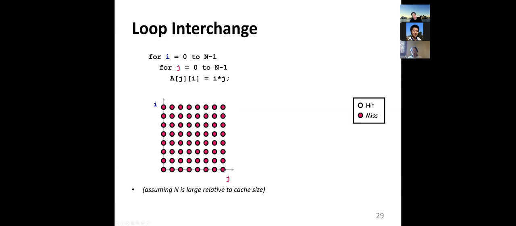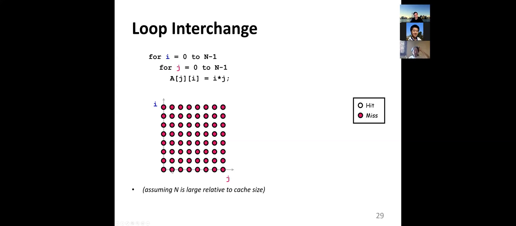The problem is not only that there are misses here. If this dimension n is large enough, by the time I go through the first row here and start to go for A10, it might be that all the elements I used have already gone because they got evicted due to cache capacity. And when I go to this line, there is already a miss again.